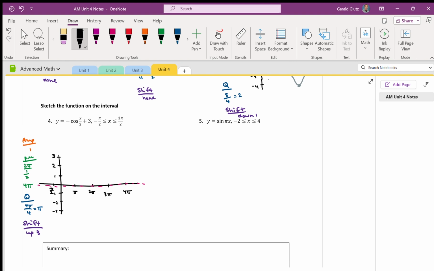To get to 3 pi over 2, that would be right in here. So I still have a point at 0, -3. To get to the midline, I would have to go up 3 and also left pi, but I'm only going left pi over 2. So we'd end somewhere around here.